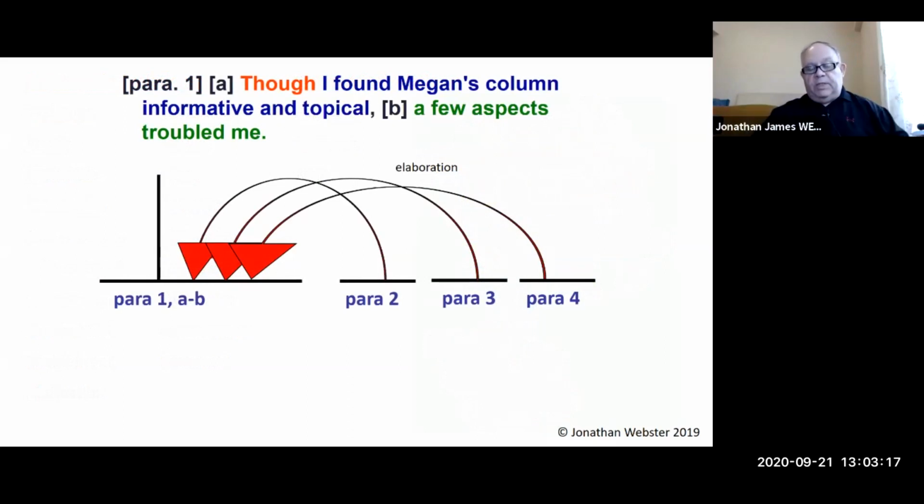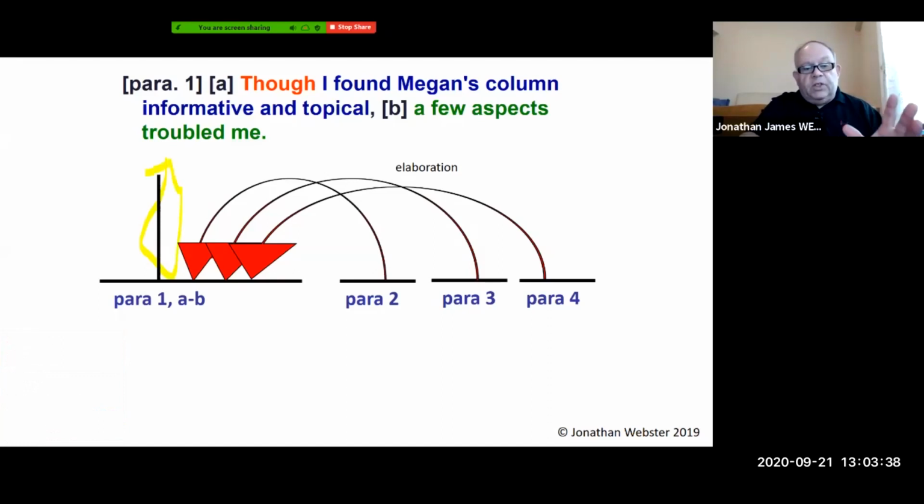And we map out this rhetorical structure, saying that the main idea is indicated with that vertical line. That vertical line indicates that it's basically this first sentence: though I found Megan's column informative and topical, a few aspects troubled me.